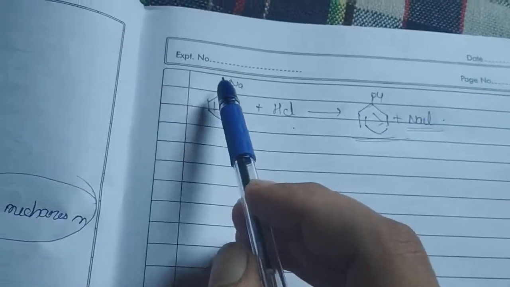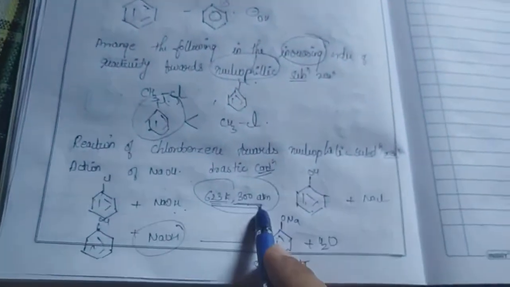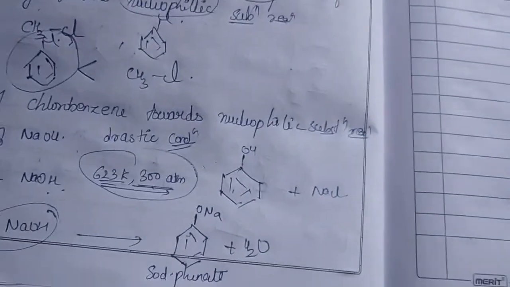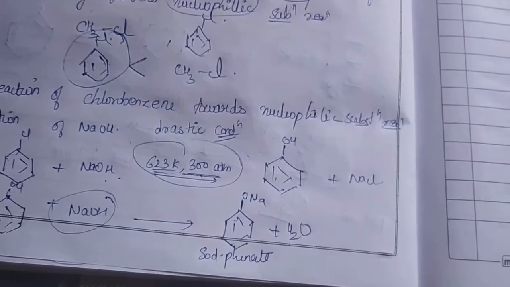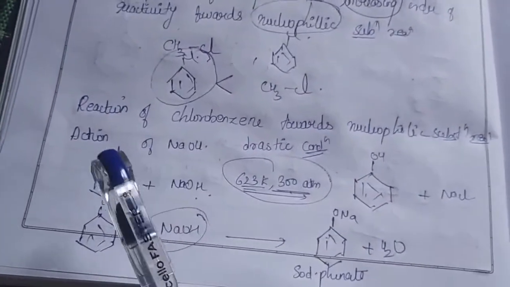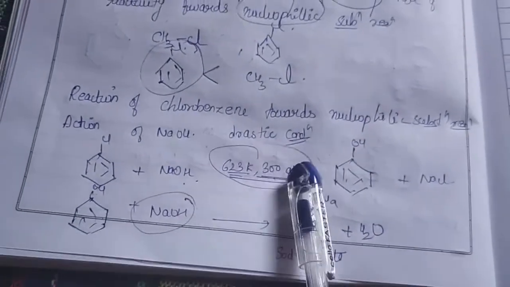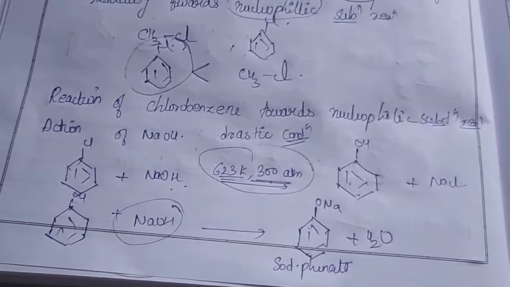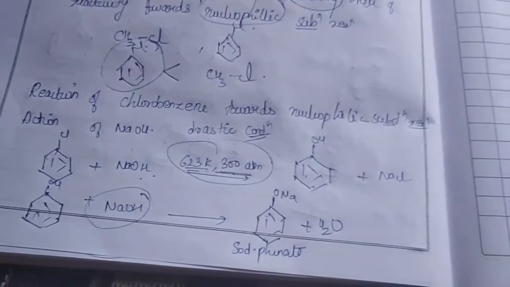Can you see how, by maintaining a drastic condition, we are employing our nucleophilic substitution reaction? Of course, such conditions were not observed when we were talking about haloalkanes. But whenever we are talking about haloarenes, we have to maintain a very high temperature and pressure.